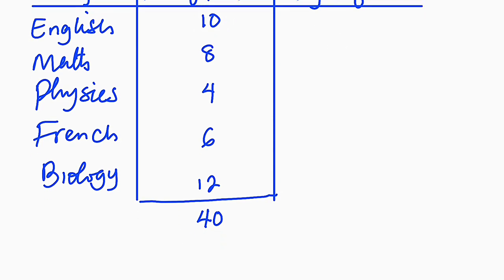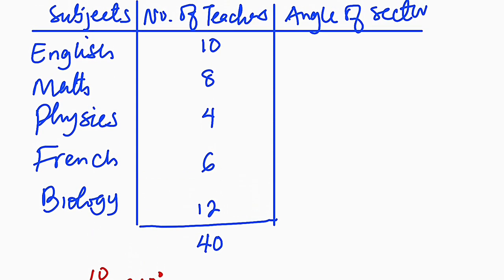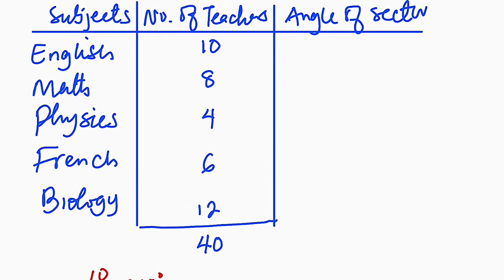I will compute that directly. You can say 10 divided by 40 multiplied by 360 degrees. So 10 divided by 40 is equal to 0.25. You multiply by 360, that will give us 90. So this represents 90 degrees.